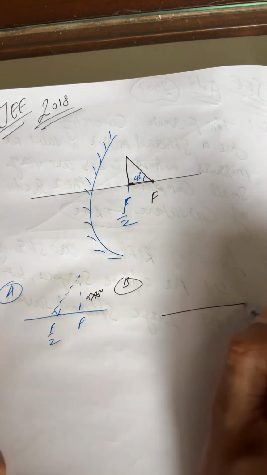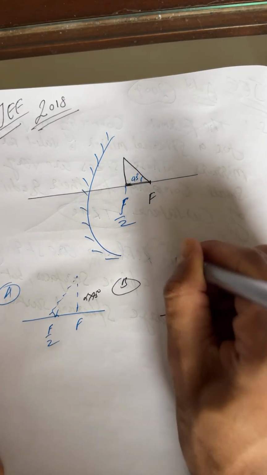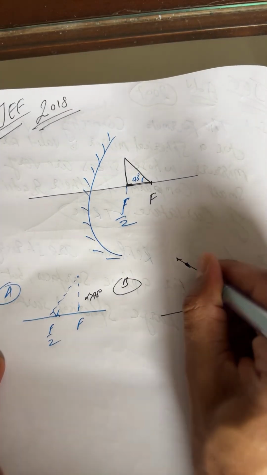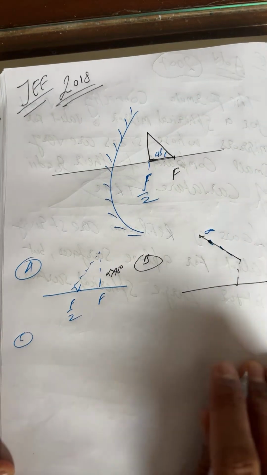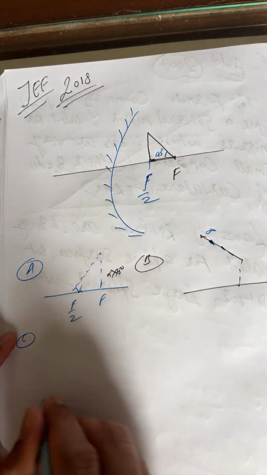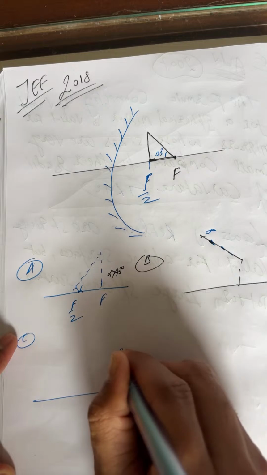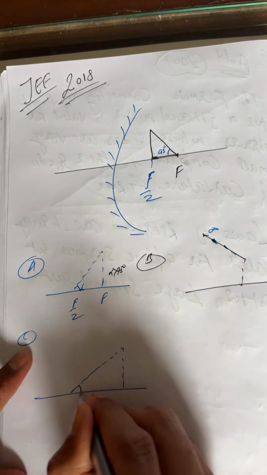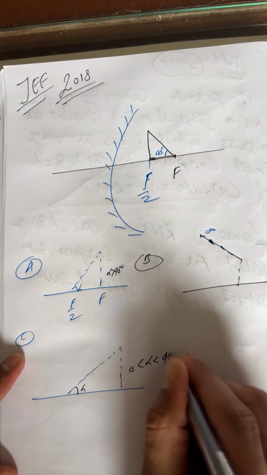Then again, this is the ground. So keep in mind, not like this. Infinity. Option C, students. So this is what? 0 less than alpha less than 45 degree.